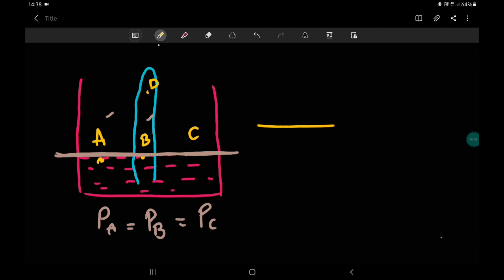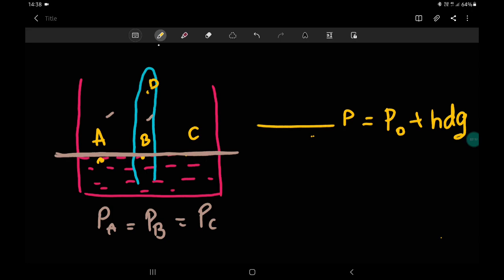What is the pressure here? This pressure is equal to the pressure of the atmosphere plus, if this level is at height H, H multiplied by the density into g. So P naught plus H rho g.